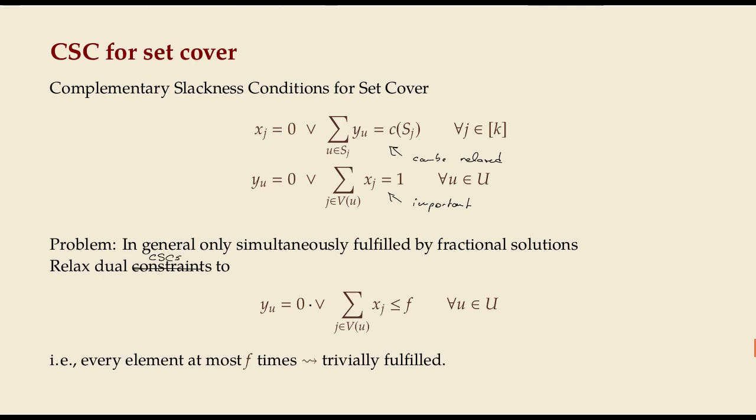So that here we don't require exactly 1, but we require at most f, which is essentially requiring nothing, because this is always fulfilled. We essentially drop this part, because f was the global frequency. That's the maximum number of sets that any given u appears in. So this is a vacuous condition.